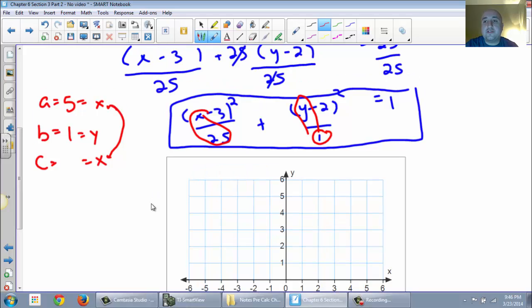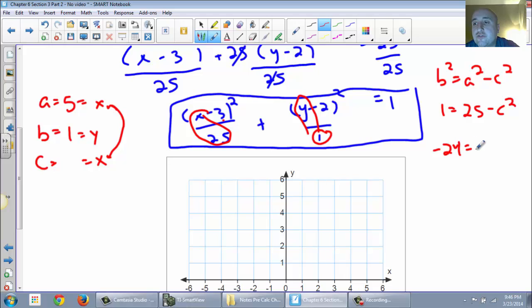Okay, so we need to figure out what c is. So b squared equals a squared minus c squared. b squared is 1. a squared is 25. Minus c squared, subtract 25, 1 take away 25 is -24. We can cross off the negatives.